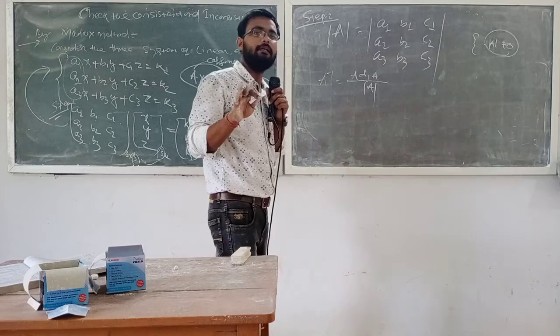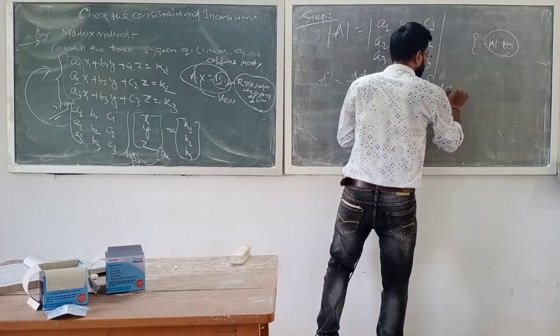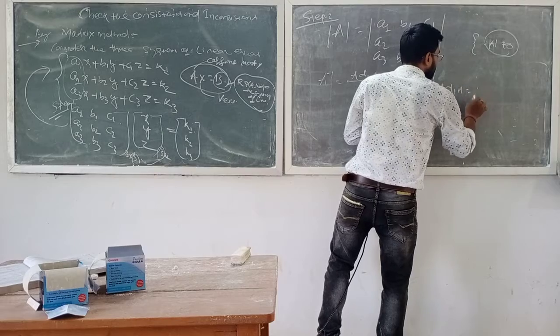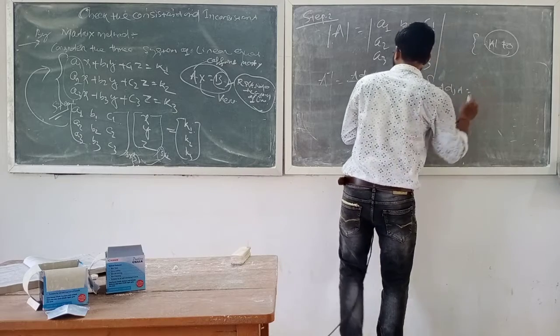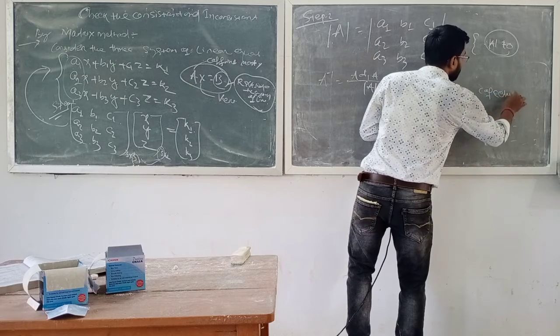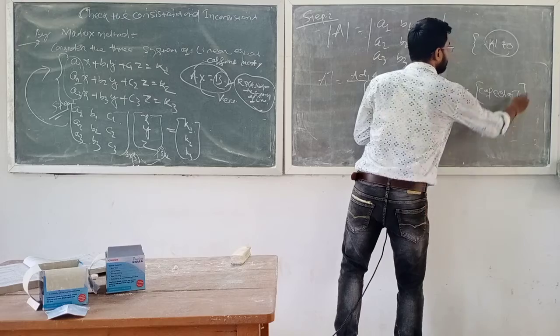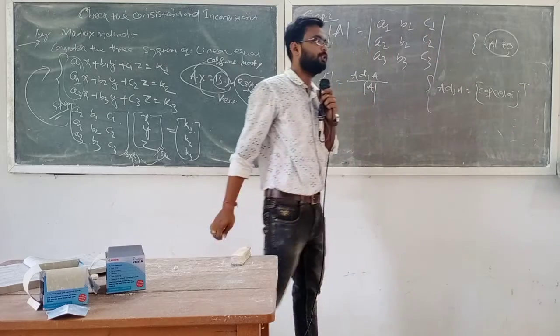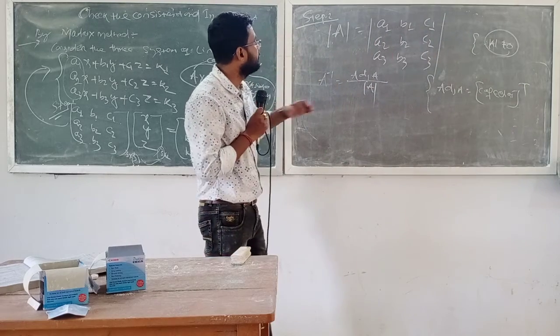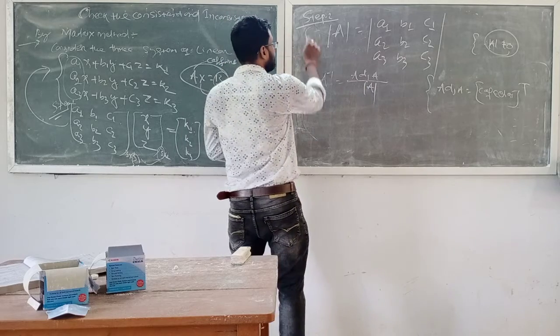The procedure to find adjoint A: adjoint A is the transpose of the cofactor matrix, that is the transpose of cofactor A, and then divide by determinant of A. This is the second step.